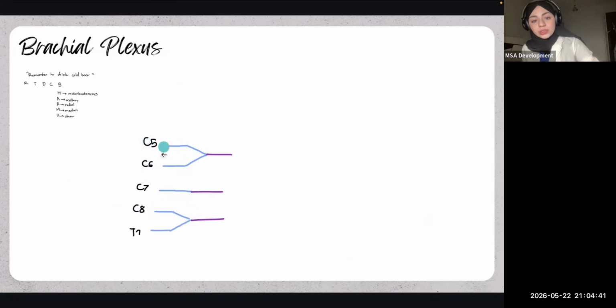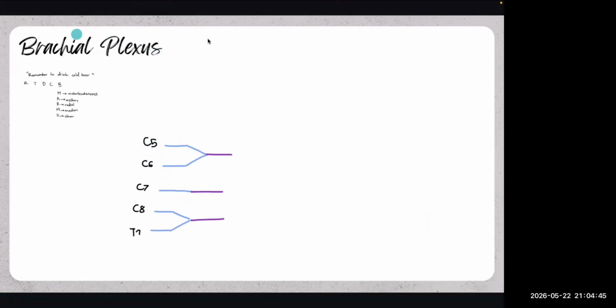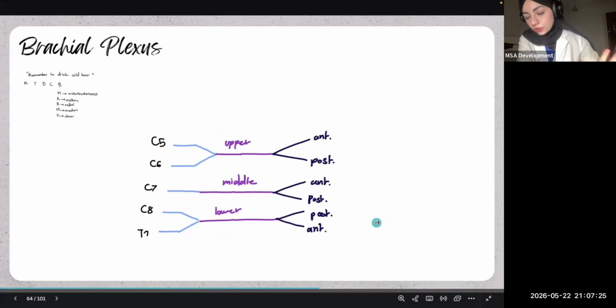Then, after I join the roots of C5 and C6, we have C5, C6 joining together to form a trunk. And then C7 is going to continue as a trunk. And C8 and T1 are also going to join together to form a trunk. So upper, middle, and lower, or superior, middle, and inferior. Those are going to be your trunks.